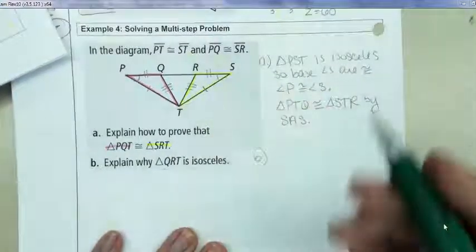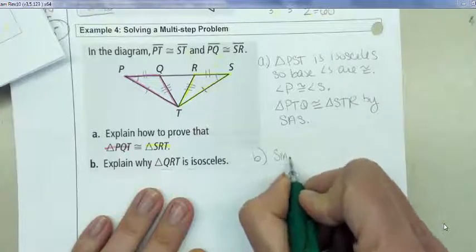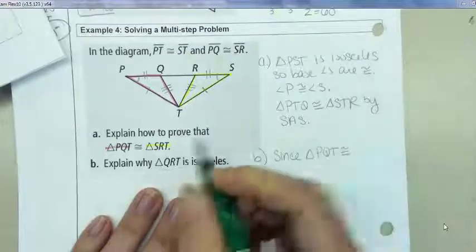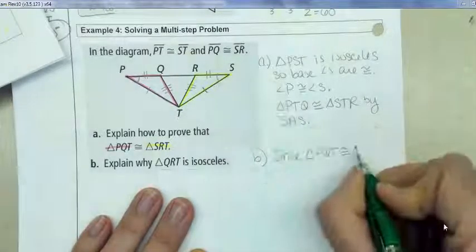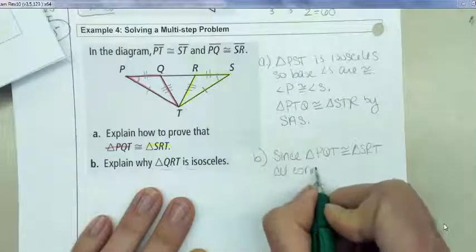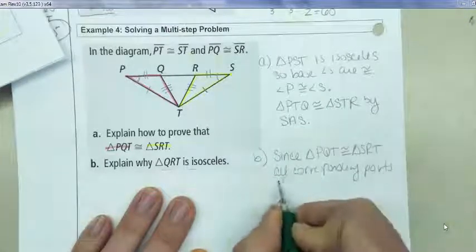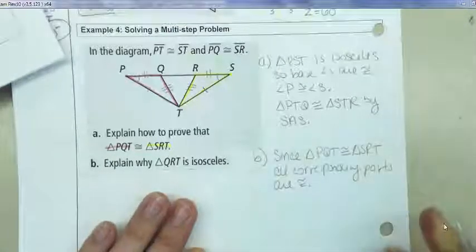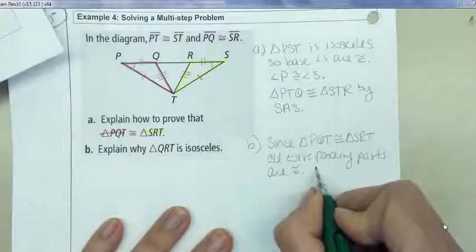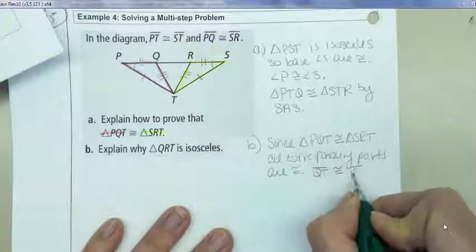Okay, so I can say something like, since triangle PQT is congruent to triangle SRT, all corresponding parts are congruent. So we can then say segment QT is congruent to segment RT.